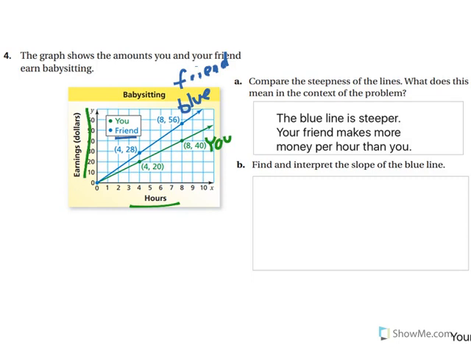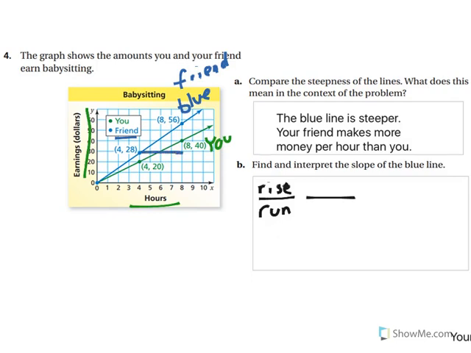Now for part B, it says find and interpret the slope of the blue line. Well, let's first look at what our slope is for the blue line. Again, this is rise over run, right? And so for our rise over our run, we can go over 1, 2, 3, 4.